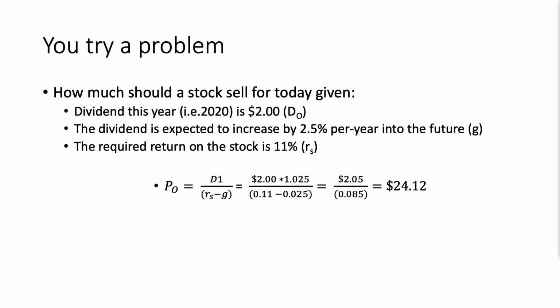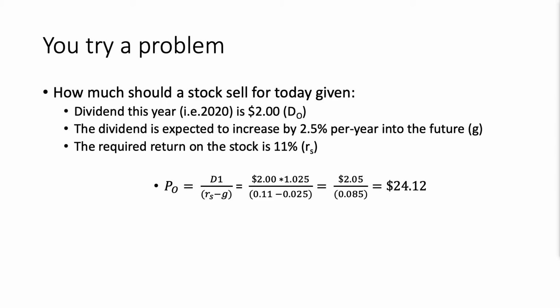And there's the answer. D1 is this year's dividend, $2, times 1 plus the growth rate. So next year's dividend is $2.05. Next year's dividend is this year's dividend times 1 plus the growth rate.